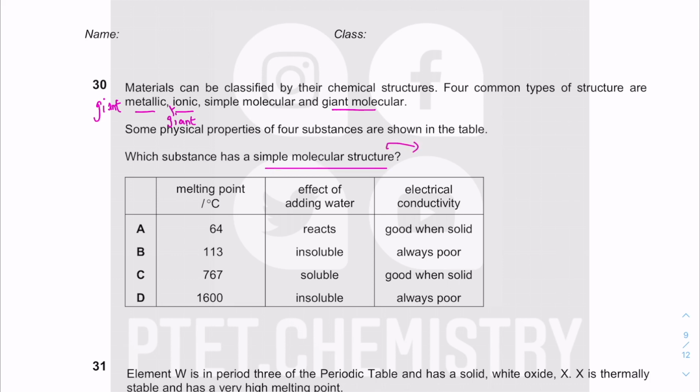The only one which is simple will have a low melting point and boiling point. This is high, I can cross that out. This is high, I can cross that out. Do not be quick to cross out 113, because even water boils at 100 degrees Celsius, so this is considered quite low. It takes some knowledge, and experience, and seeing more of these boiling and melting point values to build your chemistry vocabulary.